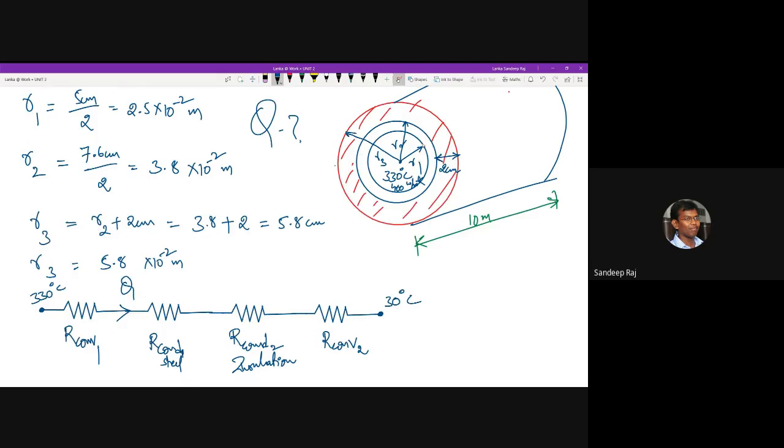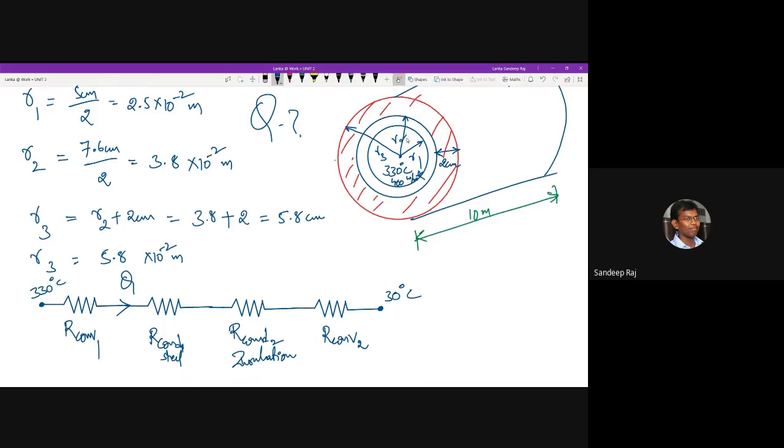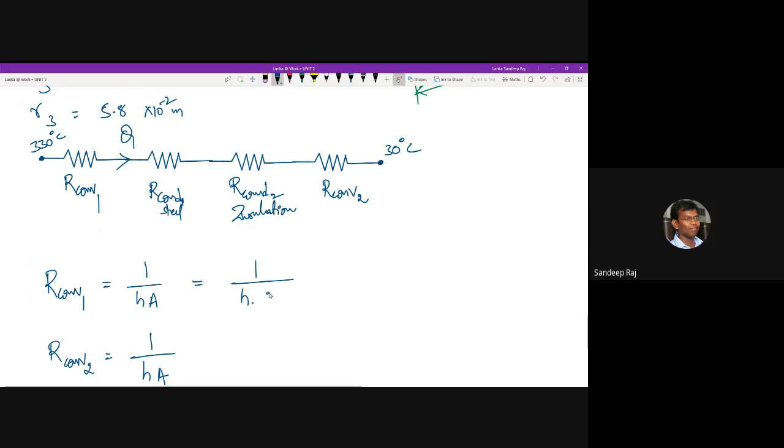That is the surface area of the cylinder. The formula for the surface area of a cylinder is 2 pi RL. What is R here for convection 1? It is R1. So you have the H value, R1 and L value. Substitute them and you'll get this R convection 1.